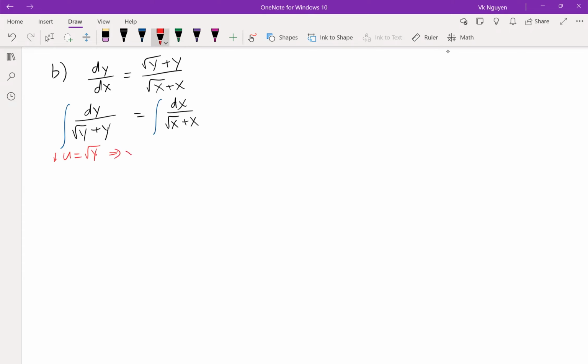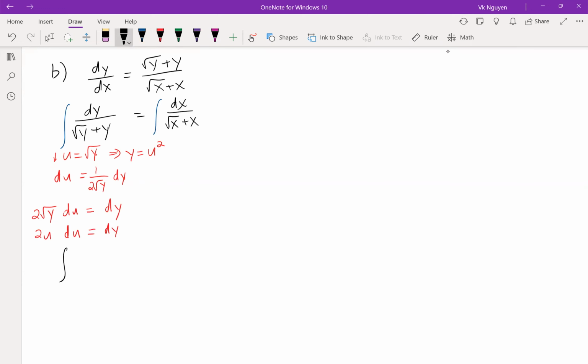Then y is u squared, and du is 1 over 2 root y dy, meaning that dy is 2 root y du, and because root y is u, so it's 2u du is dy.